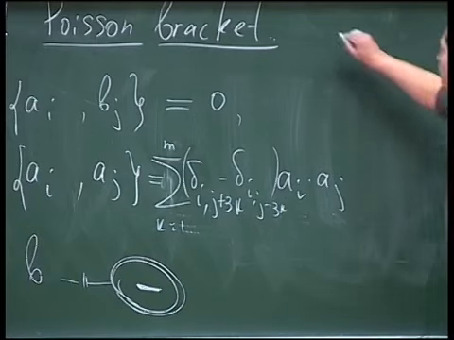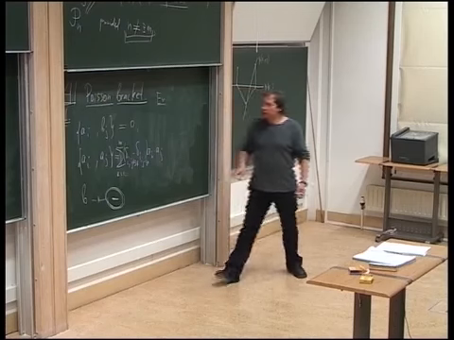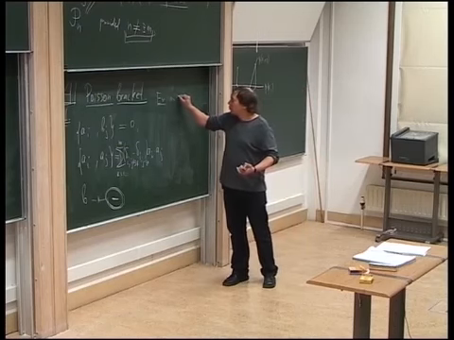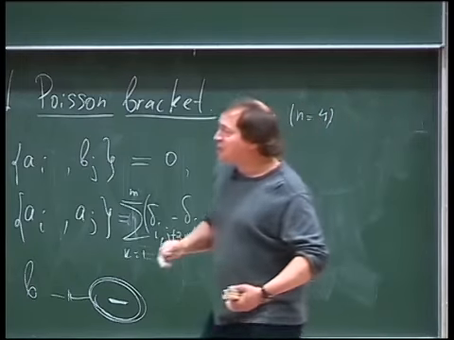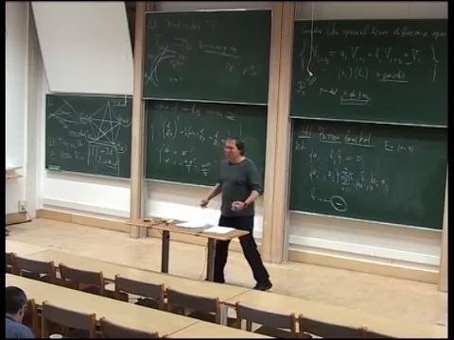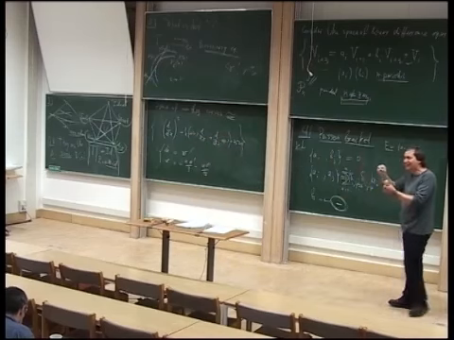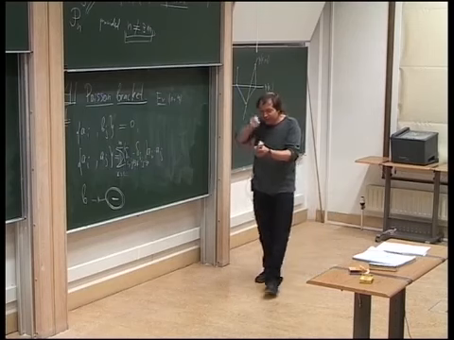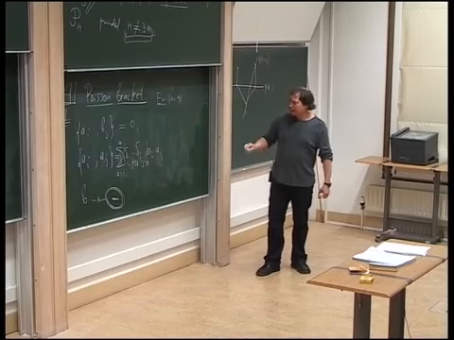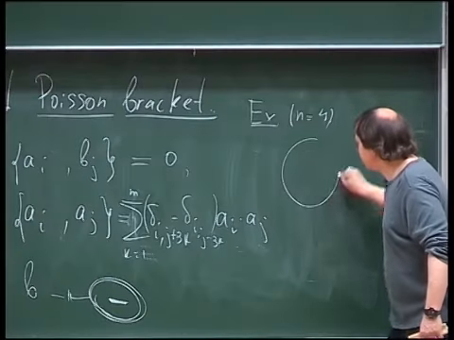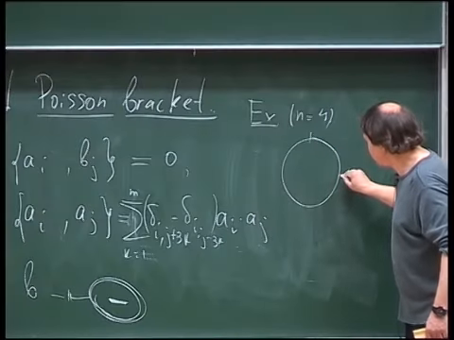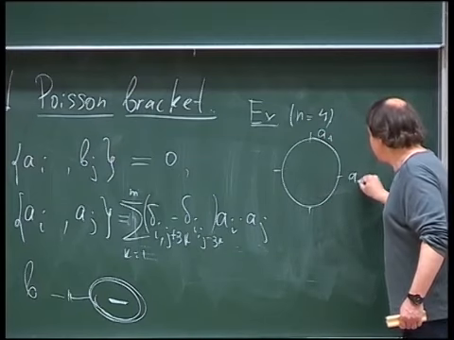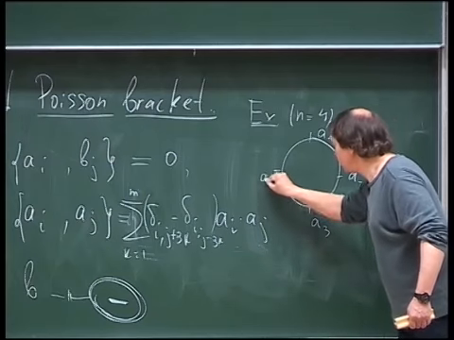Just to give a couple of examples, let us take the first non-trivial case, n equals 4. So it is a pentagram map, but with only 4 vertices. But it makes sense, because this quadrilateral is not closed. Then we have 4 coordinates, let's say A1, A2, A3, A4.